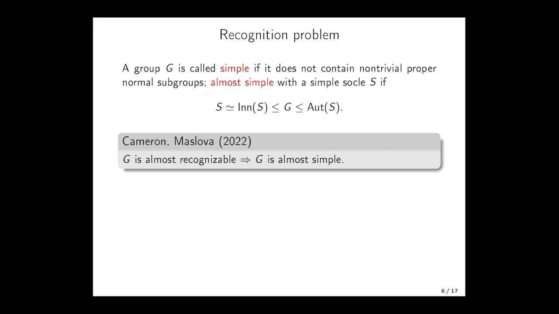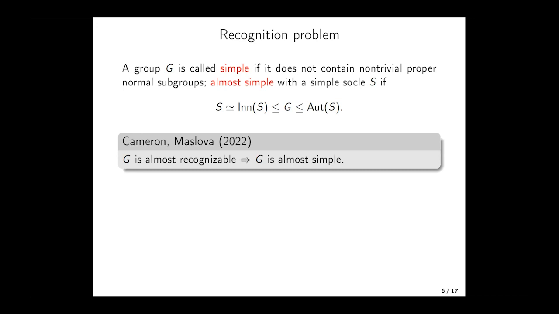And as I said in the beginning, from the set of arithmetical parameters, we would like the vast class of groups to be described in some way. And actually, there is some description if we are considering prime graphs. A recent result by Cameron and Maslova: if a group G is almost recognizable, then it's almost simple.